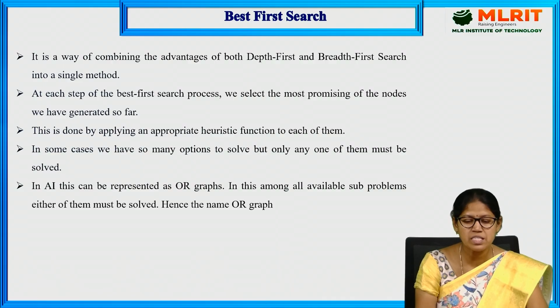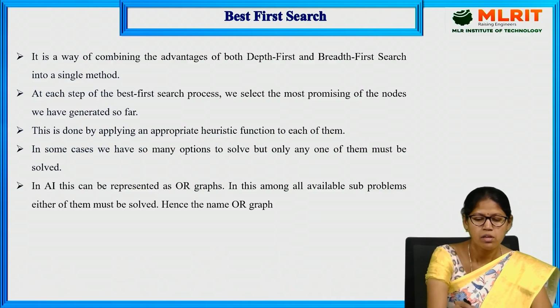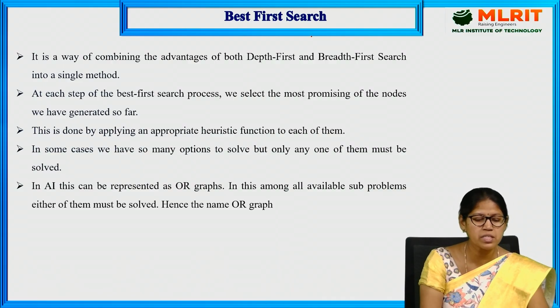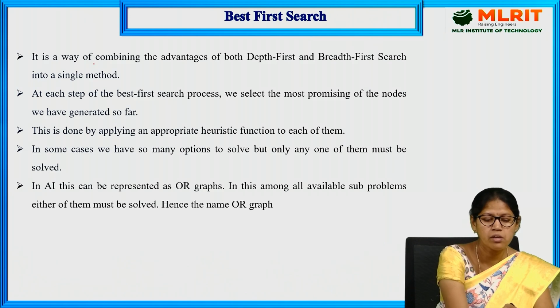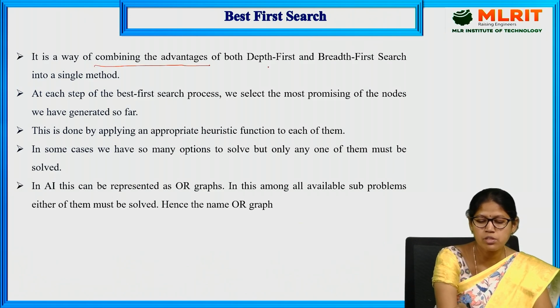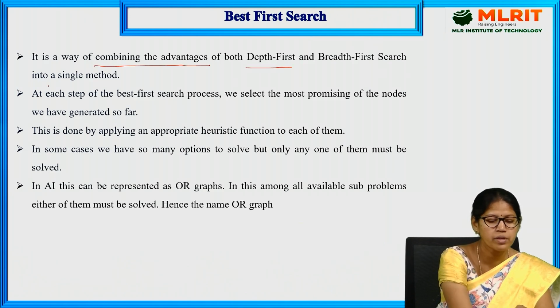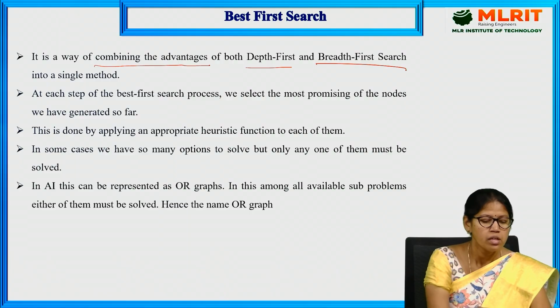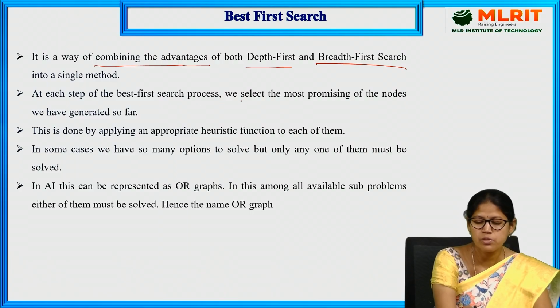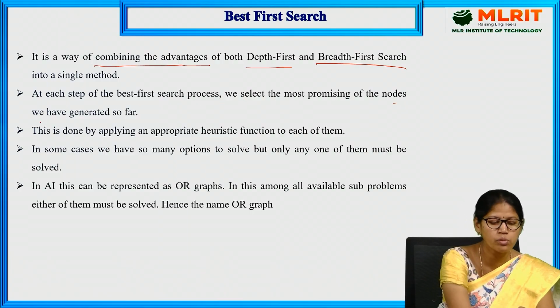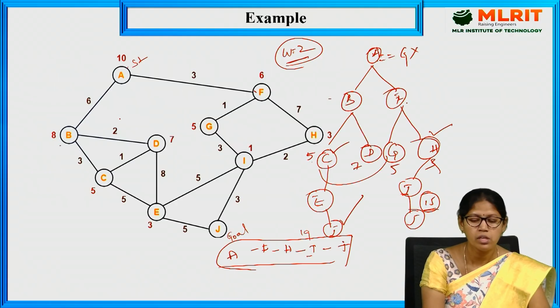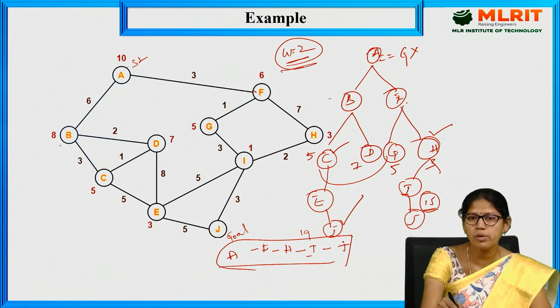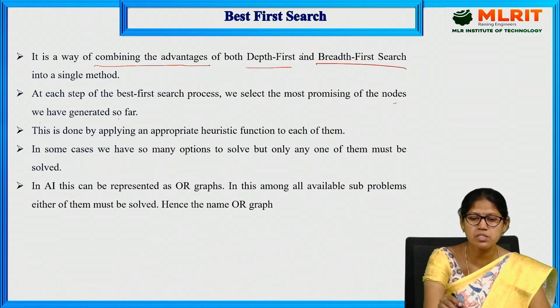Next, best first search. The next algorithm is best first search. It is a way of combining the advantages of depth first and breadth first search. In the best first search process, we select the most promising of the nodes we have generated so far. In beam search we take W number of best nodes, but in best first search, we will take only one node.